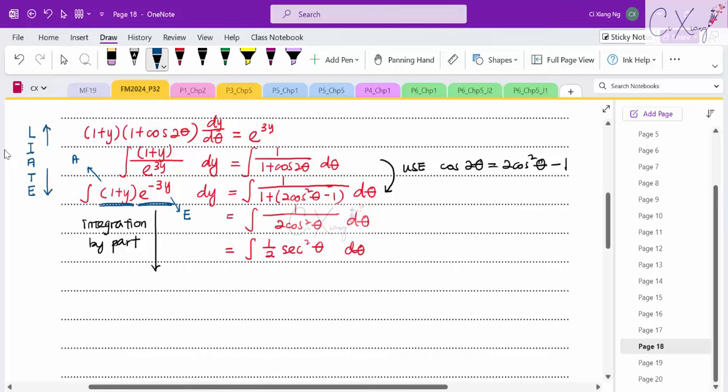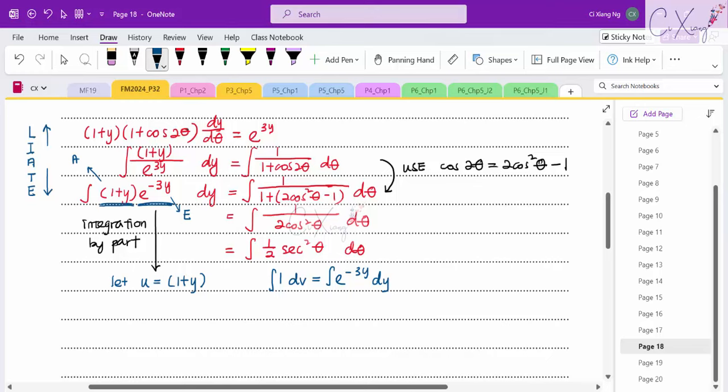You can see that A is a higher group. Therefore, we let u equals 1 plus y. Then the remaining term is dv, so integration of dv equals integration of e negative 3y dy.